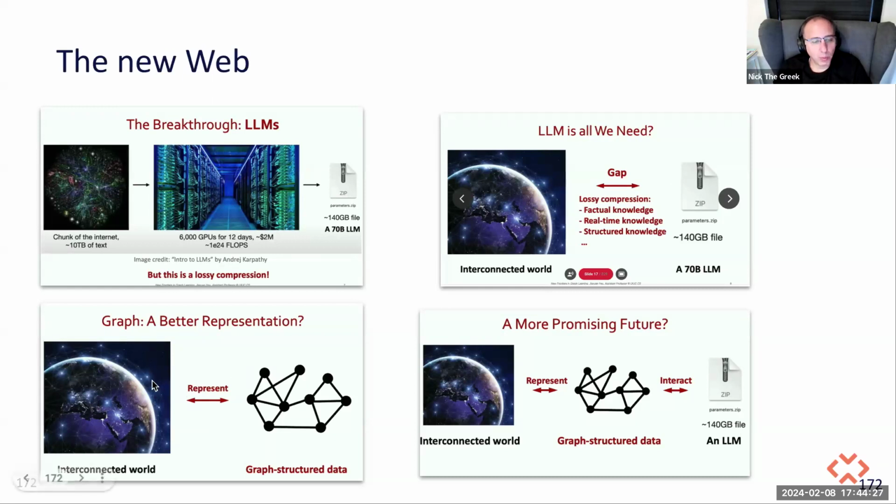In the end, they think you have to use this graph, but you still need the language model to interact. So they believe that the end goal is not the language model, it's the language model and the knowledge graph. They say we don't have exactly that.